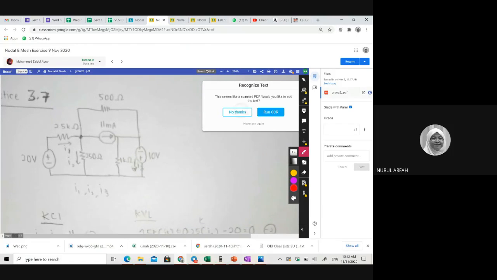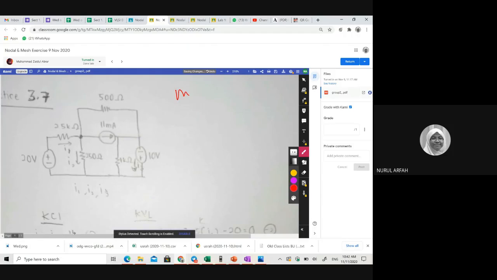Group number 2, you need to use mesh to answer your question. Okay, brothers and sisters, what will I check if the question asks you to use mesh? From the figure, what should I check? Loops, yes, in all closed loops.